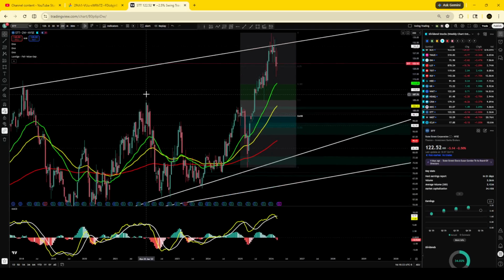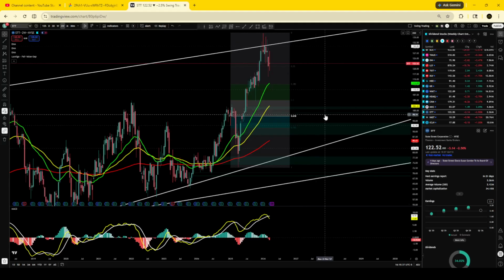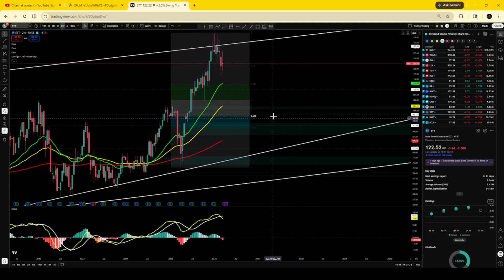This must have been COVID right here. Nah, where was COVID? Oh no, this is not the S&P 500. And then again right here in 2026. So I know for a fact price is coming down here. 98 is your take profit. All right.